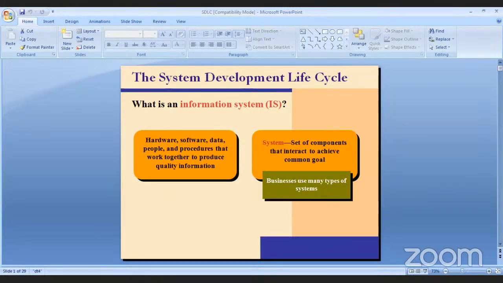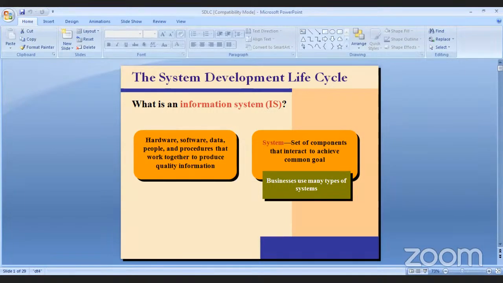Now, what are the phases of the system development life cycle? You should remember this, because you will be asked a long question, a 12-mark question, from here.